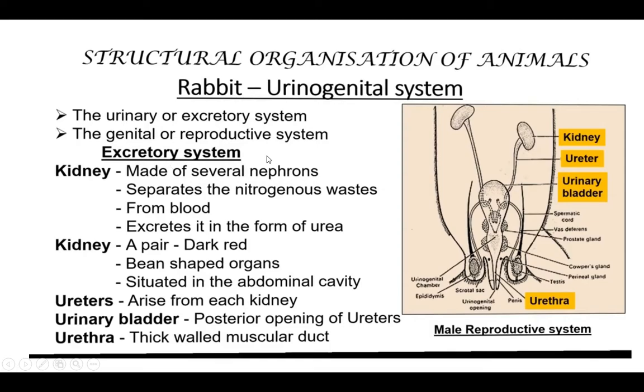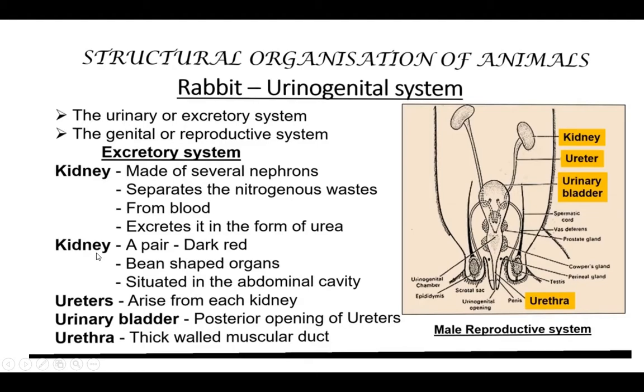In the excretory system, kidney is the main organ used for excretion. This kidney is made up of several nephrons. And what is the purpose of kidney? This kidney is separating nitrogenous wastages from the blood. It excretes the wastages in the form of urea.